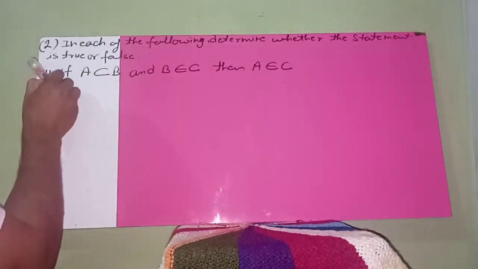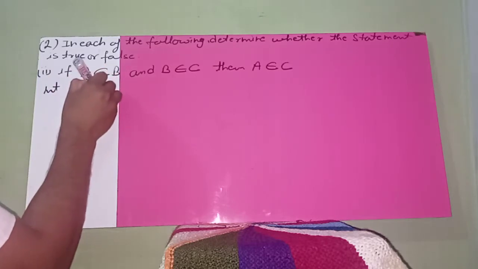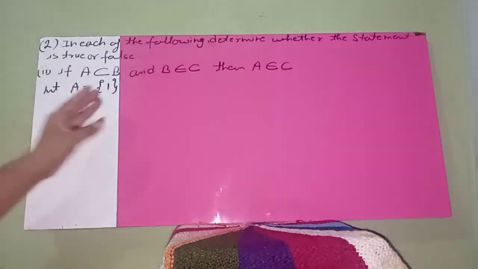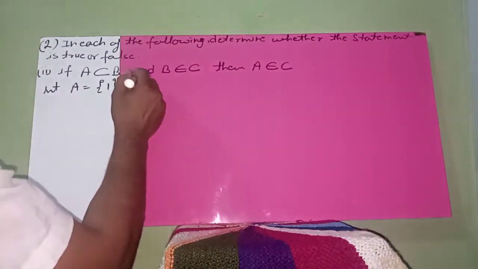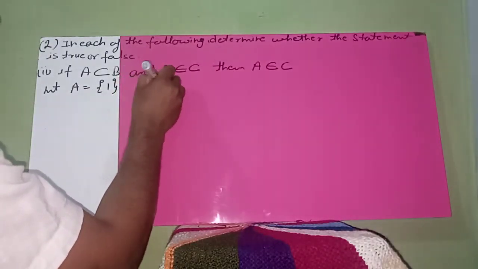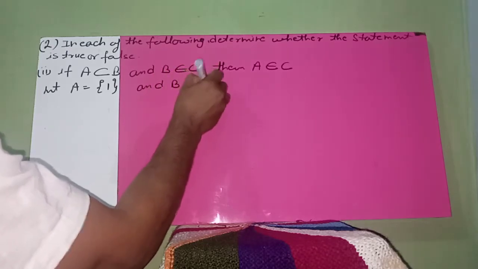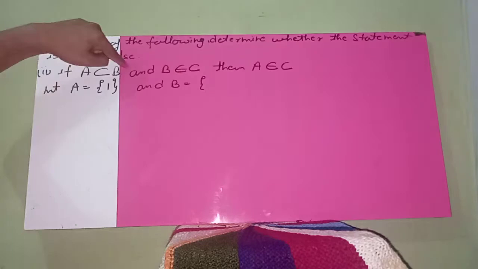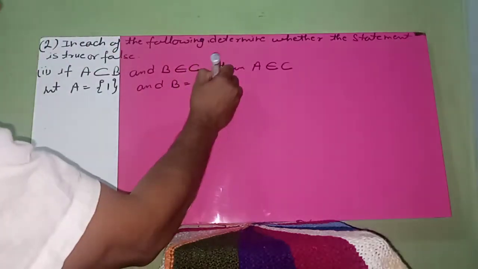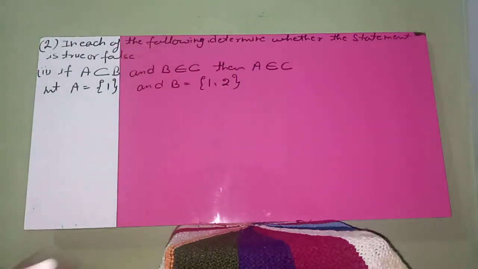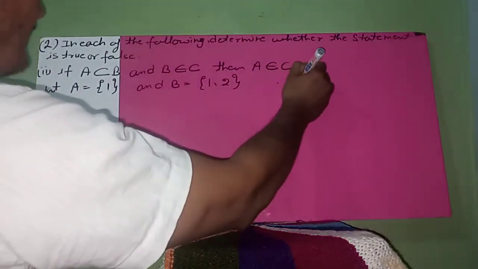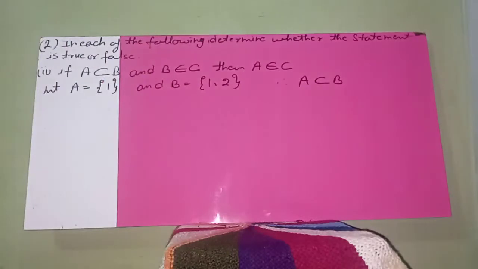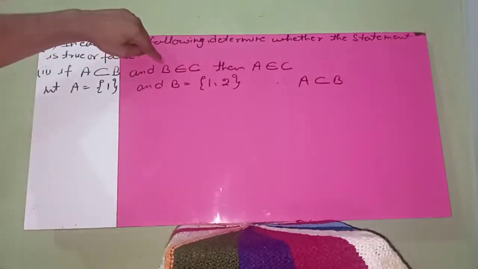Let set A equal, I take one element, that is 1. आप चाहें तो अदर एलिमेंट भी ले सकते हैं, तो मैंने 1 लिया. ओके, and set B equal, because A is the subset of B, it means all the elements of set A are in set B, so I take 1 comma 2. Okay, so we can say that A is the subset of B because all the elements of set A are in set B.